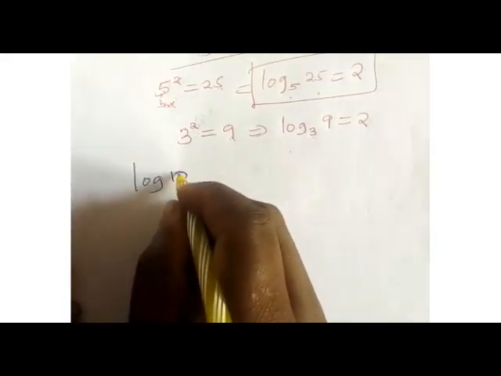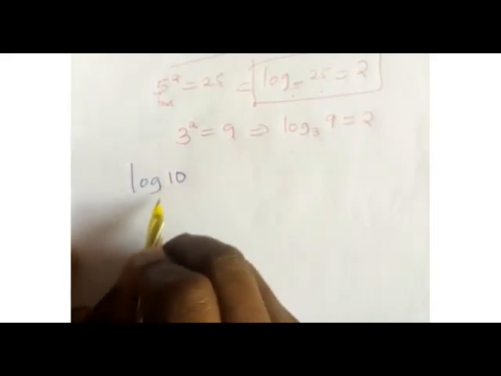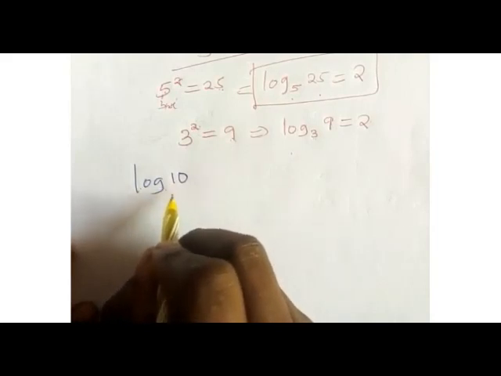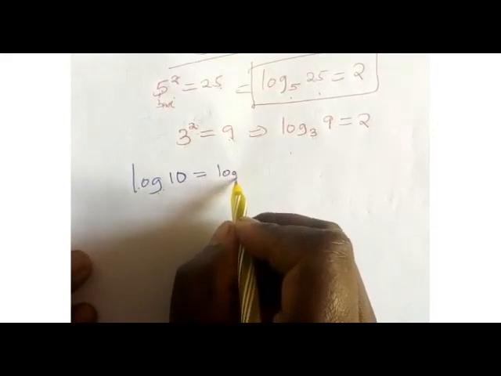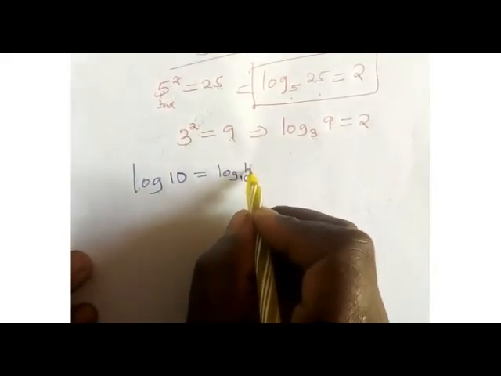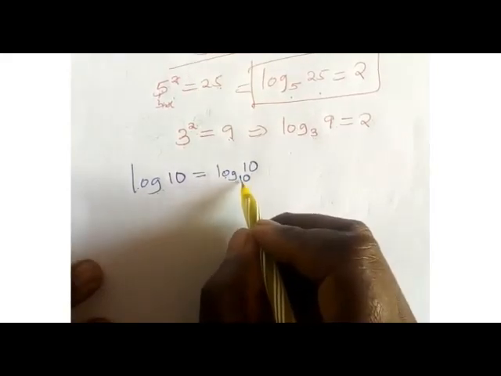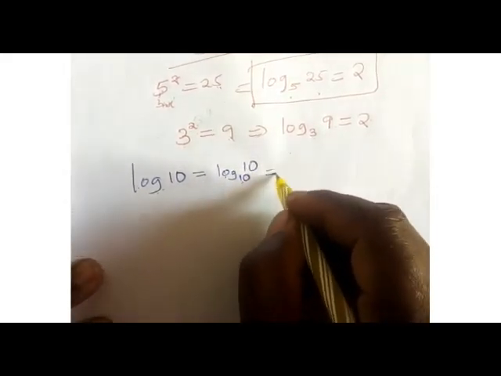When a log is just written like this, the base is always 10, because in our mathematical tables and the calculator, the log is to base 10. So when it is written as this, it simply means log base 10. When we have a log to base 10 of 10, or base 2 of 2, that one is simply 1.